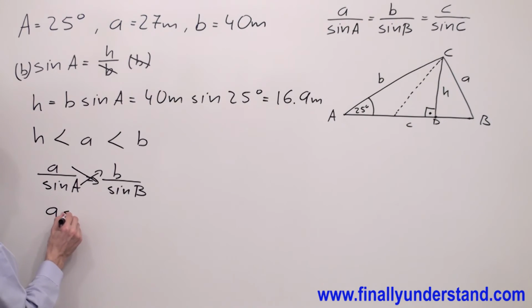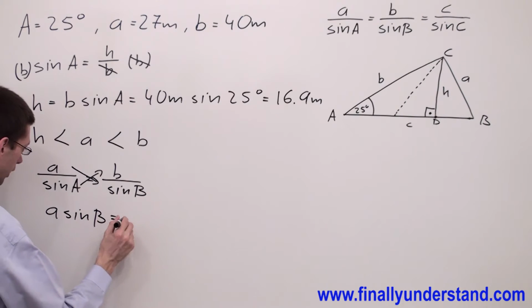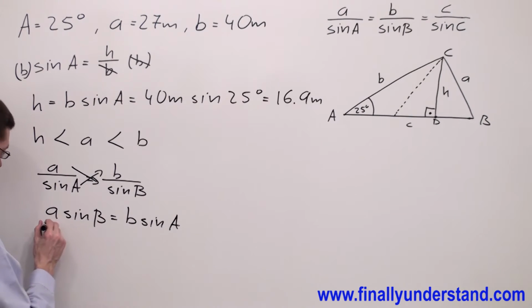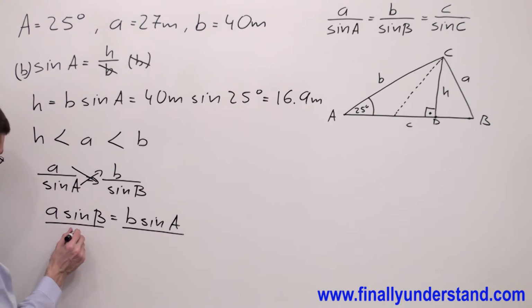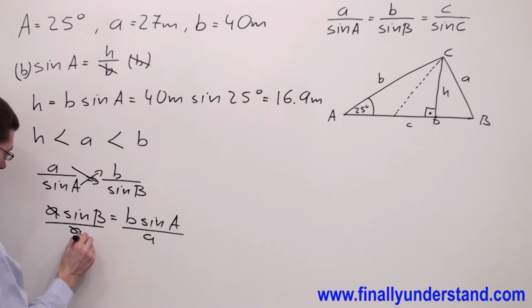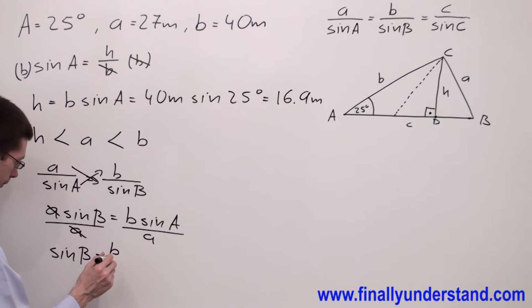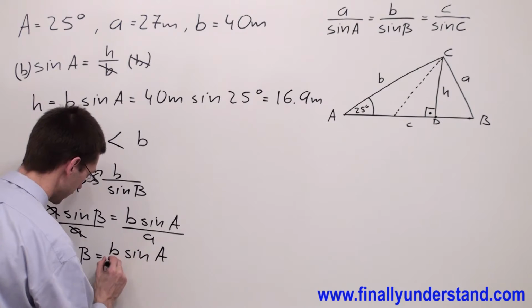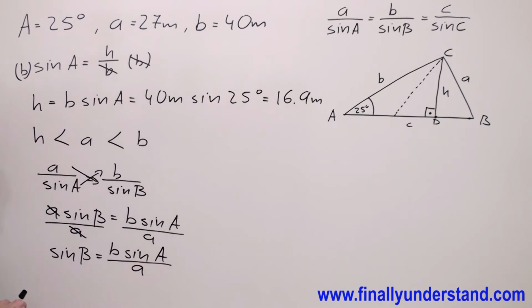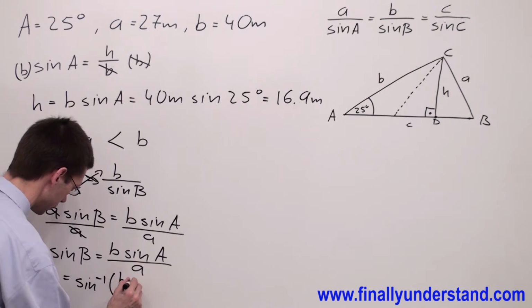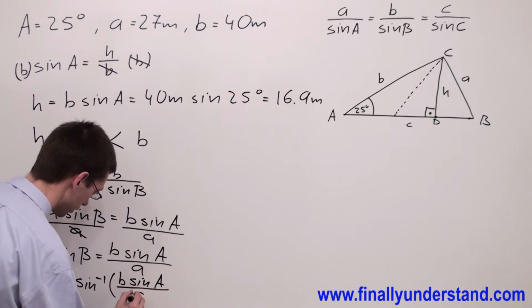So I have A sine of angle B is equal to B sine of angle A. In order to find angle B, I'm supposed to divide both sides of my equation by A. A and A will cancel out, and I have sine of angle B equals B sine of angle A over A. Next, we're supposed to find angle B. In order to do so, we simply write B is equal to inverse sine of B sine of angle A over A.